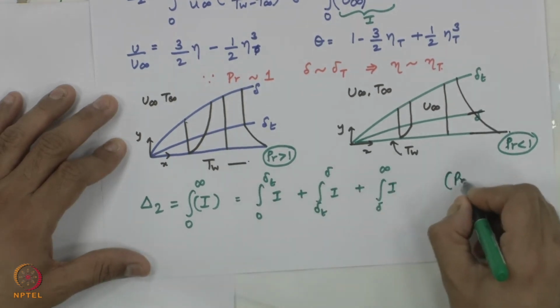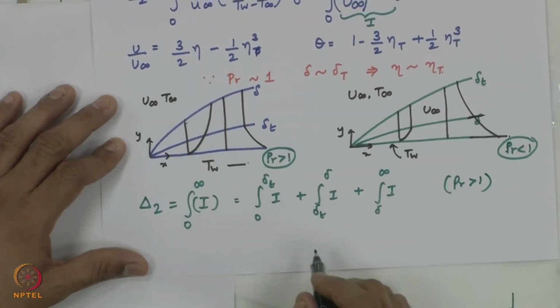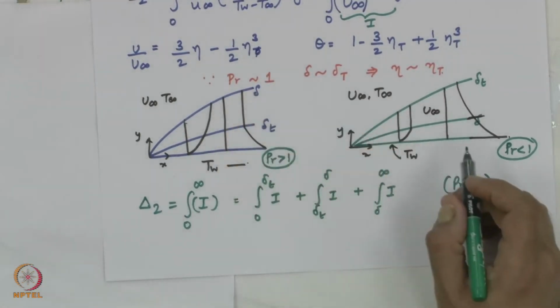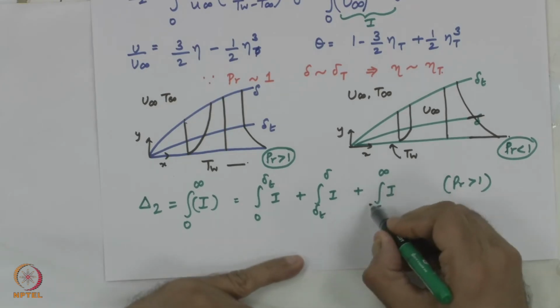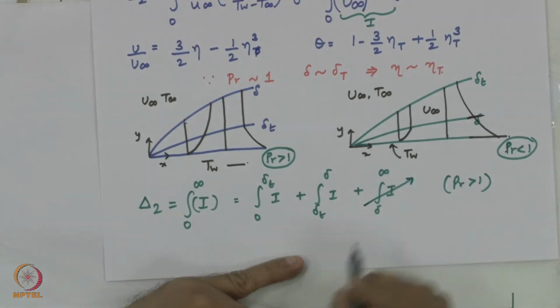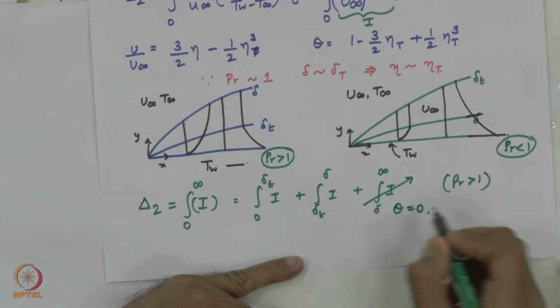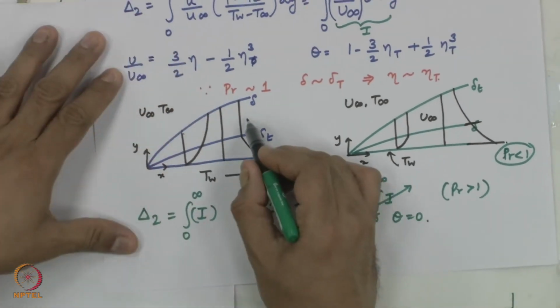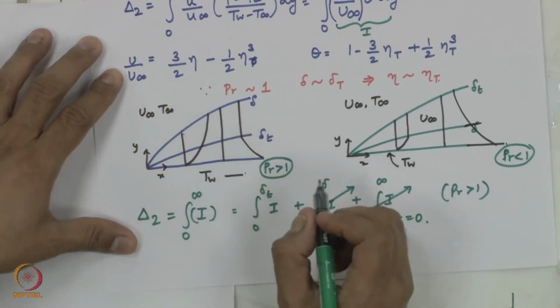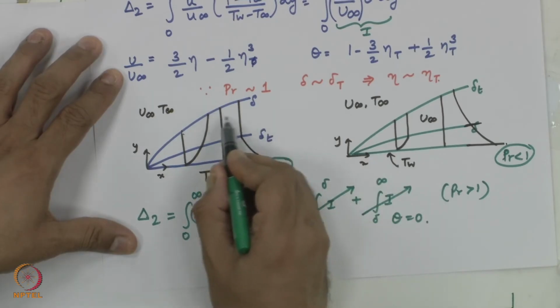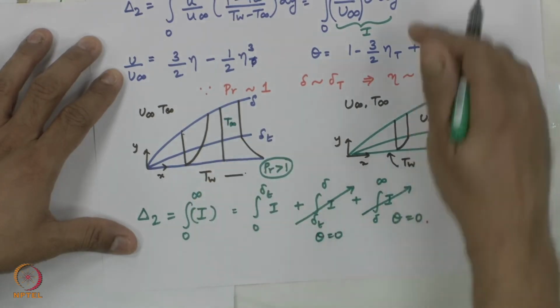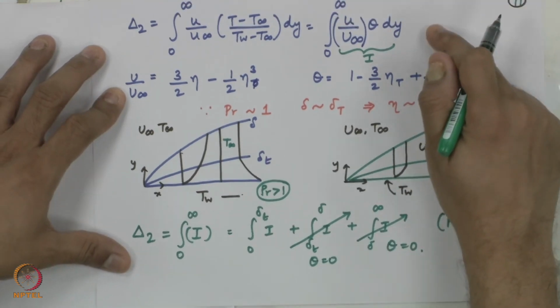This is for Pr greater than 1. Beyond this one, theta is equal to 0. So, this is 0, theta equal to 0. Here also in this portion, theta is equal to 0 because T equal to T infinity already. So, theta equal to 0 here, enthalpy thickness is 0.